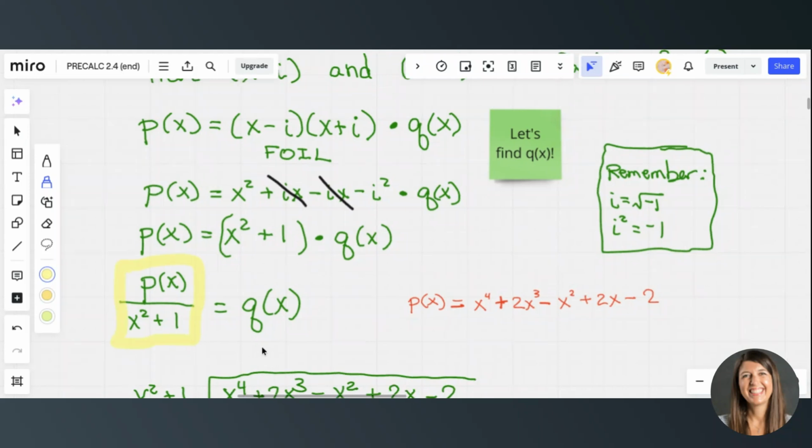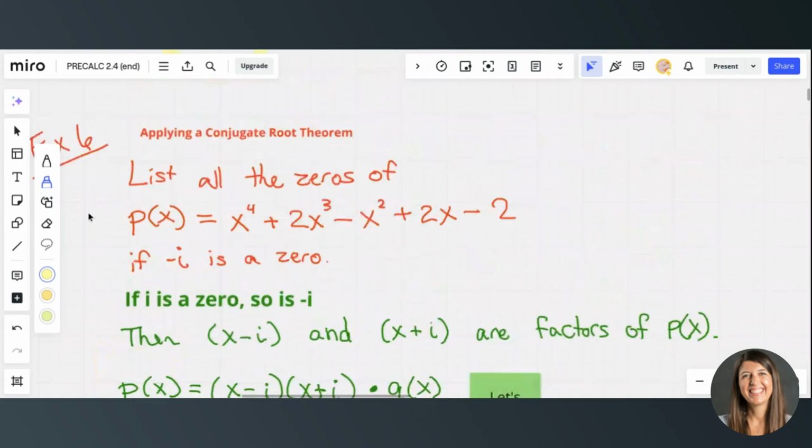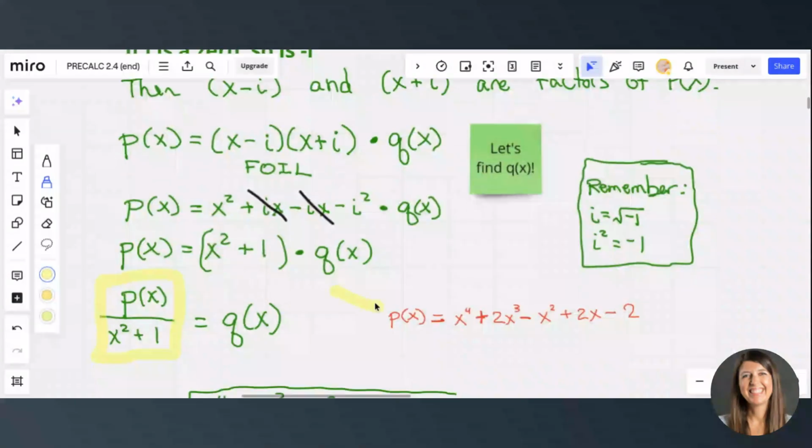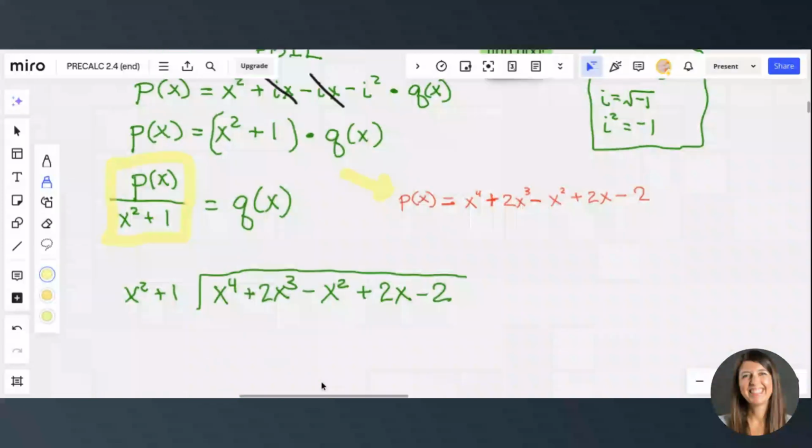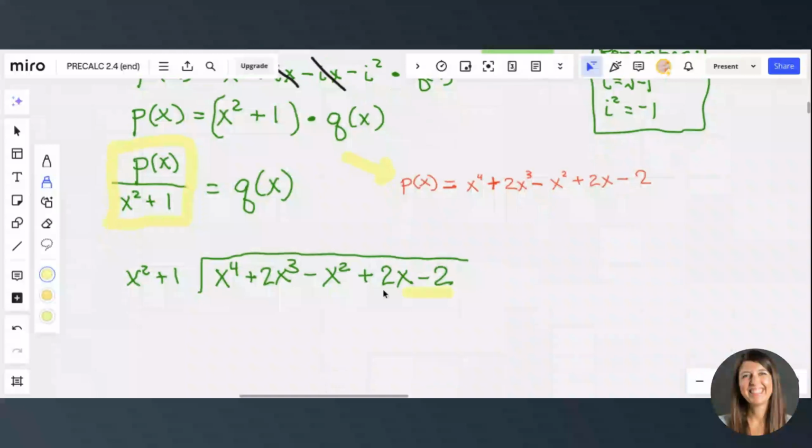Remember up above, our problem was in orange. I've got p of x right here, and I wrote it again down here, so we can see what p of x is, okay? So let's do this division. Let's divide. I wrote p of x here again, and let's divide it by x squared plus 1, just as it says over there.